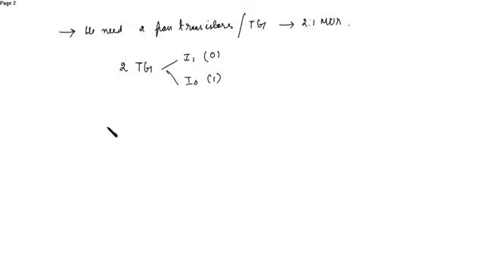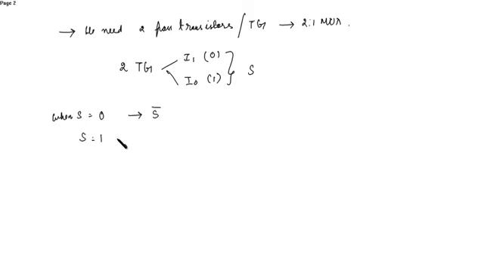So this 0 and 1 is the select line. Once it is 0, once it is 1. When S is equal to 0, that means it is S bar.